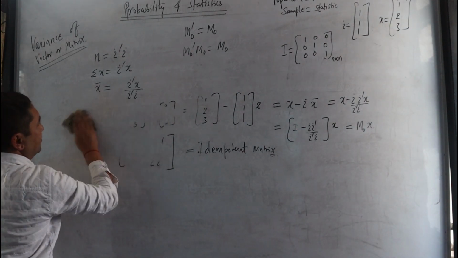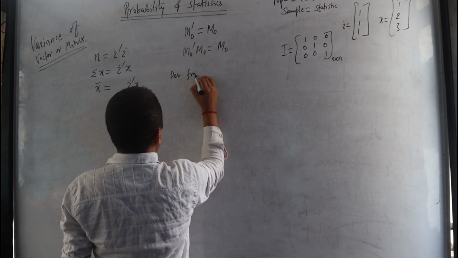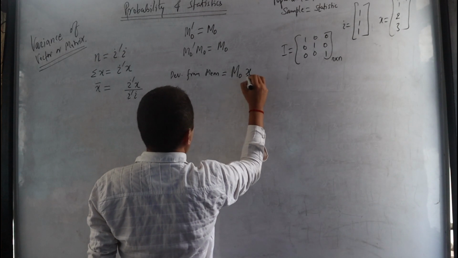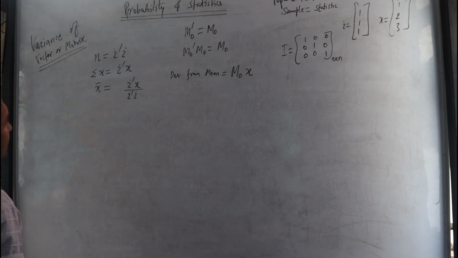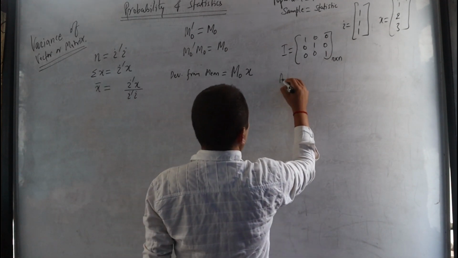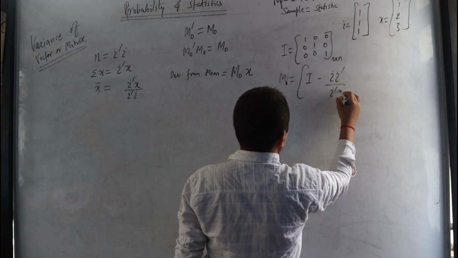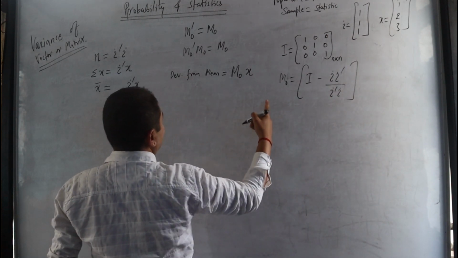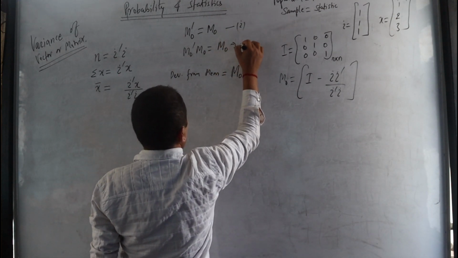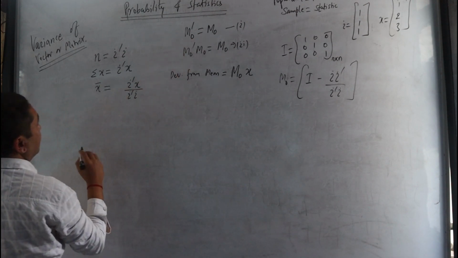So we have seen that deviation from mean is represented by M0 x, for any vector x or any matrix x. Now we are going to prove whether M0, where M0 is equal to I minus I transpose I, is an idempotent matrix, meaning it follows these two properties. So let us first of all see the first property.